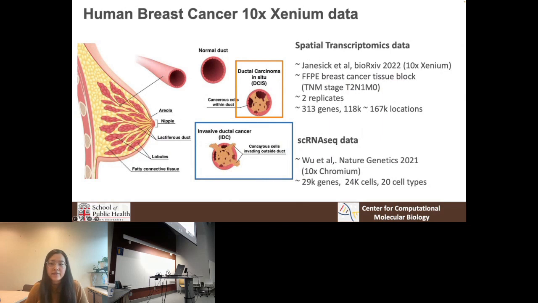Invasive ductal carcinoma (IDC) and ductal carcinoma in situ (DCIS) are the 2 most common forms of breast cancer, and IDC is more aggressive than DCIS. A substantial proportion of patients with IDC have an accompanying DCIS component. We want to see if IRIS can identify this intratumor heterogeneity and distinguish the DCIS and IDC regions.